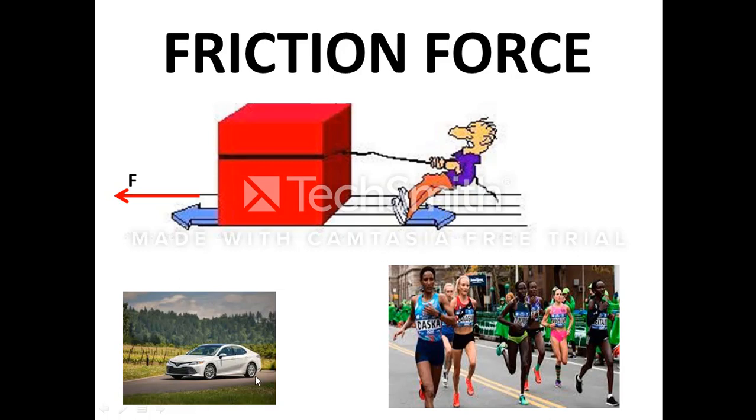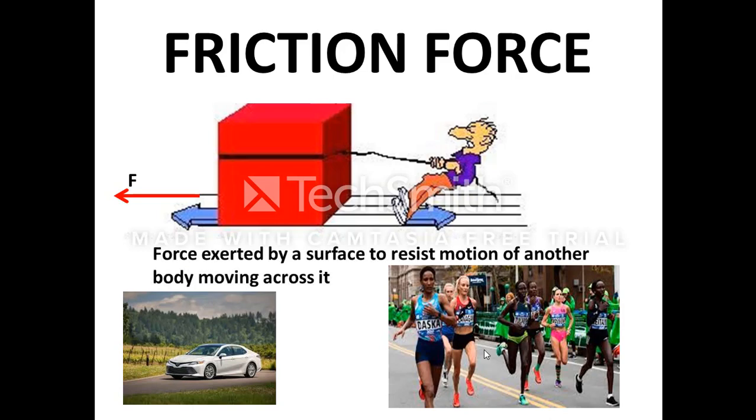Another example is a car on a rough road. There is friction force between the tire and the road, and the friction force will act opposite to the direction of the motion. For athletes on the track, there are friction forces between their shoes and the road, and these friction forces are the ones which make athletes have the grip on the road such that they do not slip and fall.